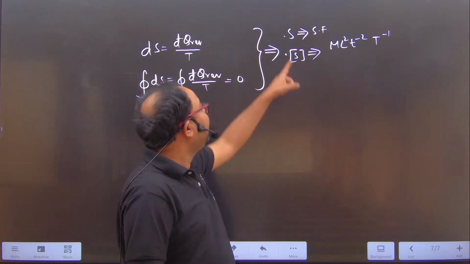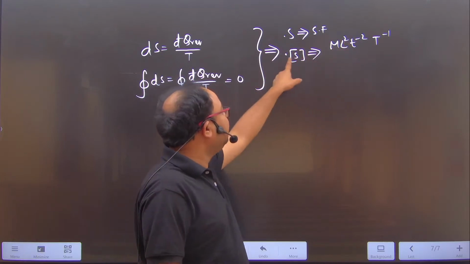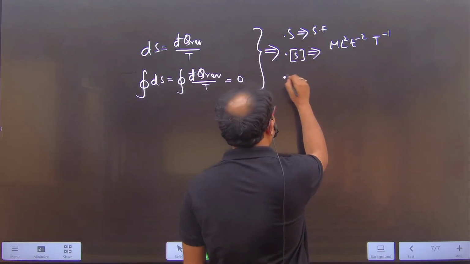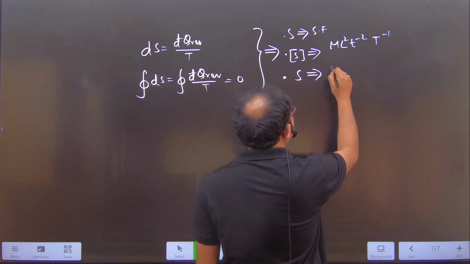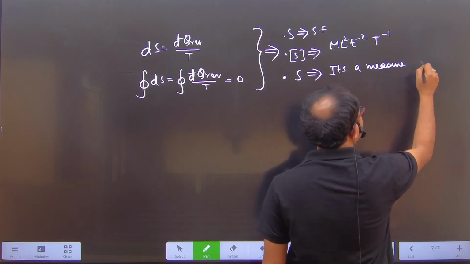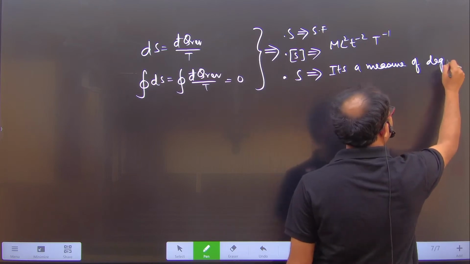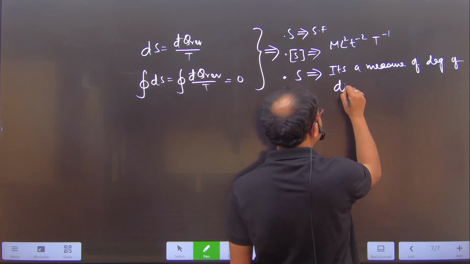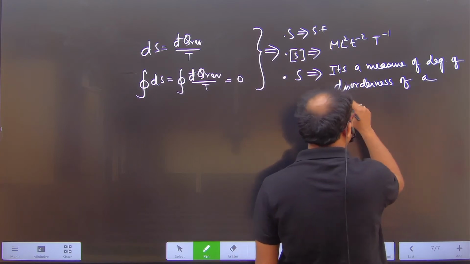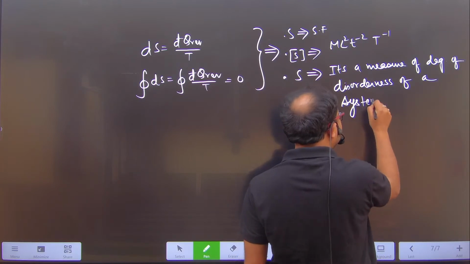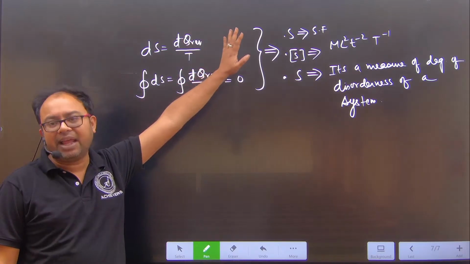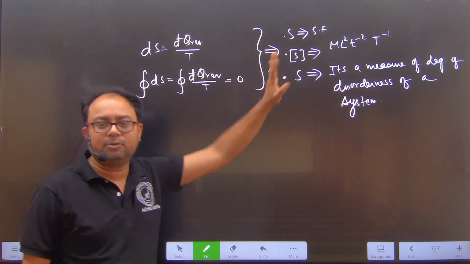So here entropy is a state function. Its dimension is energy per unit Kelvin, and it's a measure of the degree of disorderness of a system. Although this cannot be explained from the second law of thermodynamics, from this equation we cannot explain it.